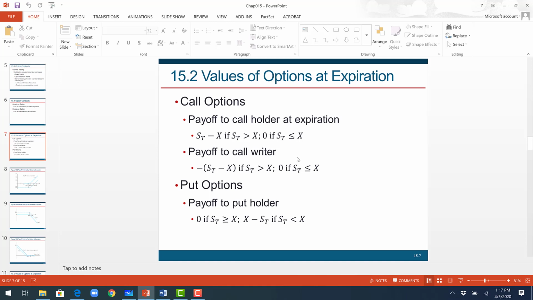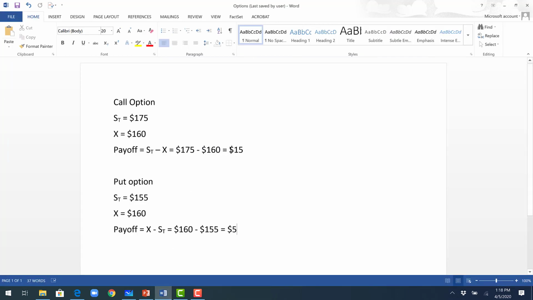What about call writer? Well, call writer is just taking the other side of this transaction. So the payoff for the call writer would be exactly the opposite of that of the buyer. All you need to do is put a minus sign in front of the buyer's payoffs to get the writer's payoff. So if buyer has a payoff of $15, writer would have a payoff of minus 15.